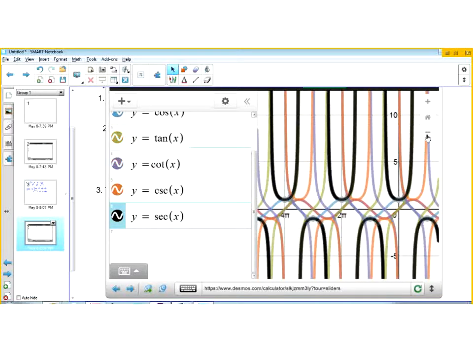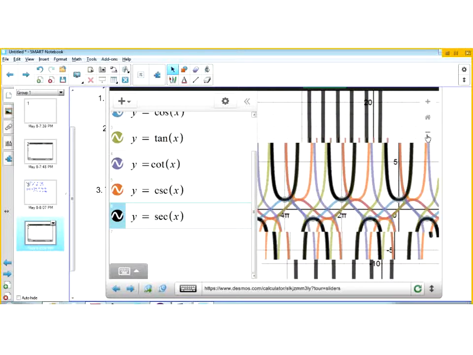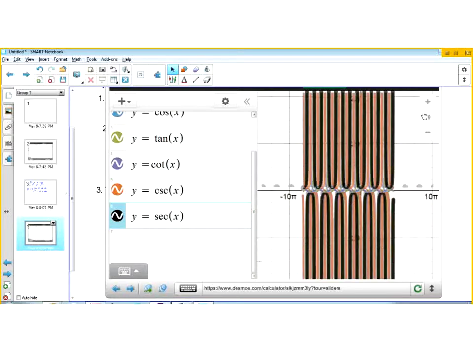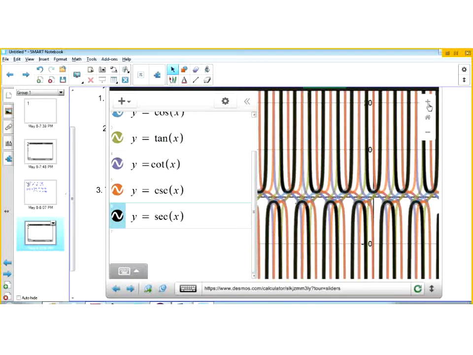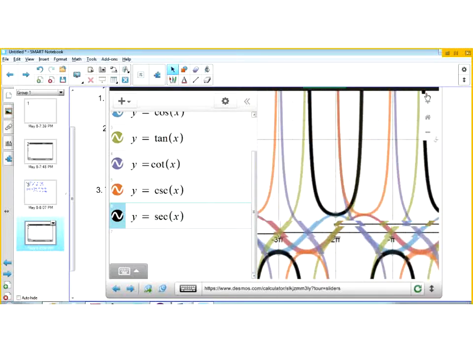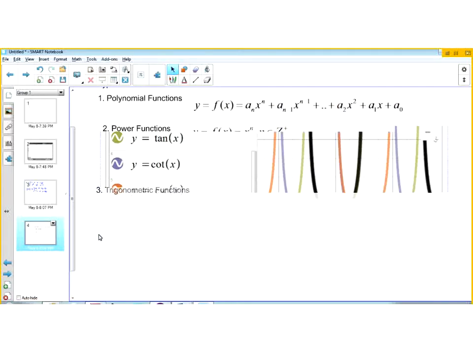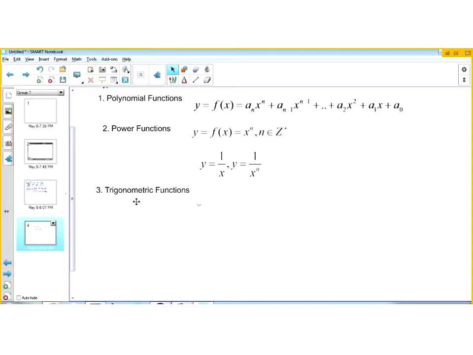We'll talk a lot about these as we need them. So there are your 6 trigonometric functions, all shown in brilliant color. Kind of a jumbled piece of artwork there, but we'll explain more as we go on. I haven't talked yet about their inverses or other properties, but we will as time goes on.